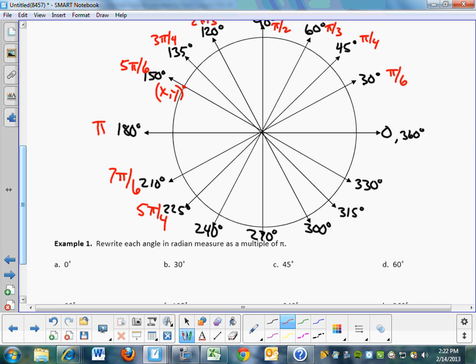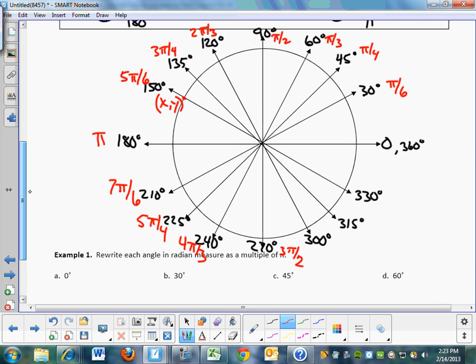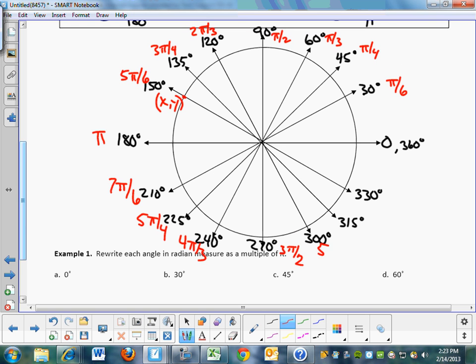Pi over 3 plus 3 pi over 3 is 4 pi over 3. Pi over 2 plus 2 pi over 2, 3 pi over 2. 2 pi over 3 plus 3 pi over 3, 5 pi over 3. 3 pi over 4 plus 4 pi over 4, 7 pi over 4. And 5 pi over 6 plus 6 pi over 6, 11 pi over 6. Pi plus pi, 2 pi.